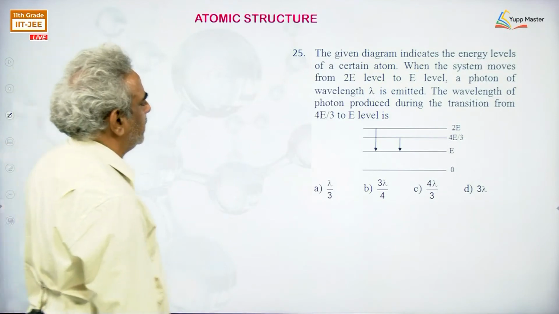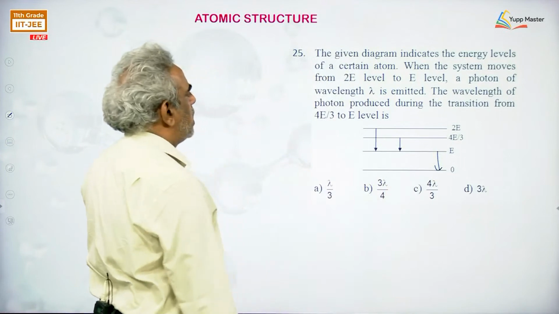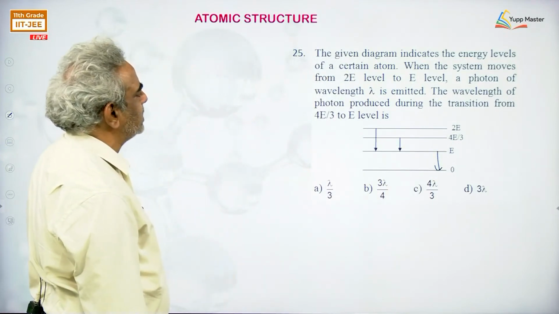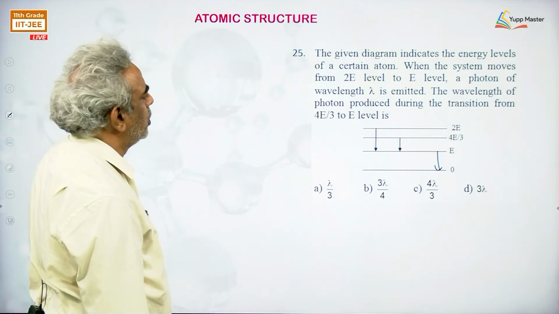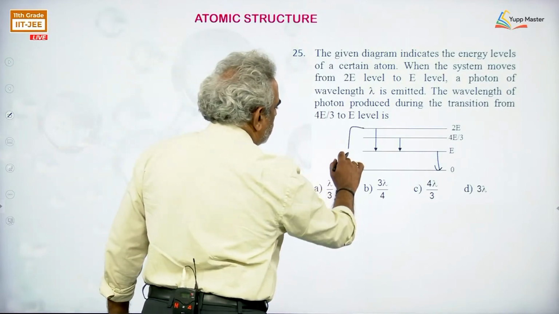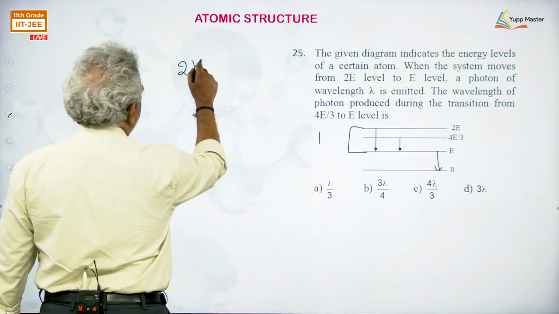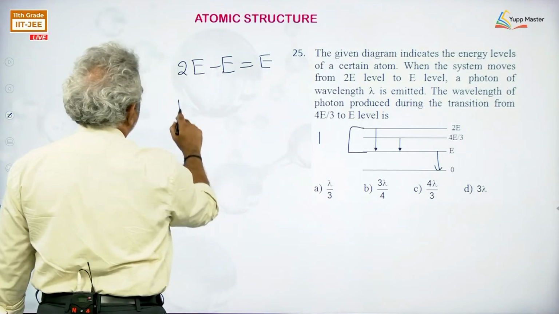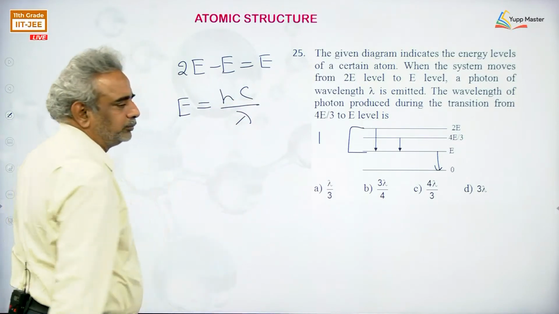So, here the energy gap is how much? E. And a photon of wavelength lambda is emitted when the system moves from 2E level to E level. 2E to E, from here to here. What is the energy gap? 2E minus E is E, and we know E is equal to hc by lambda.